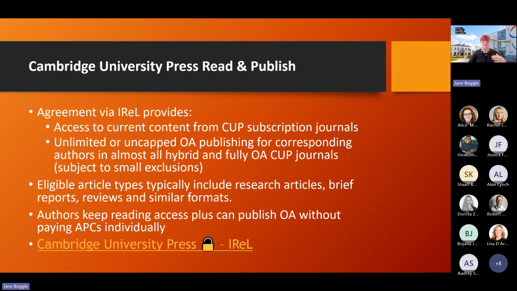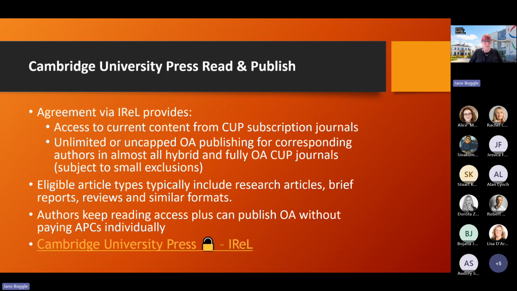So I'm going to run through each of our 5 agreements and just point out the salient elements to them. Cambridge University Press, our agreement via IRL provides access to the current content from Cambridge University Press subscription journals, unlimited or uncapped OA publishing for corresponding authors in almost all hybrid and fully OA CUP journals.